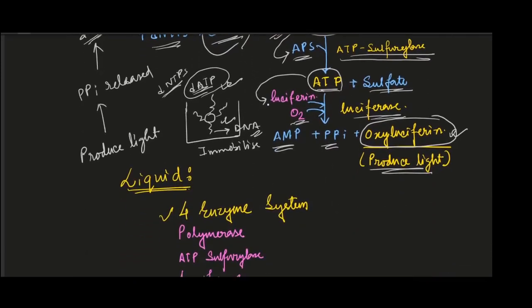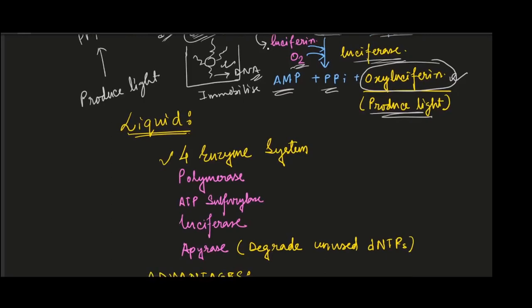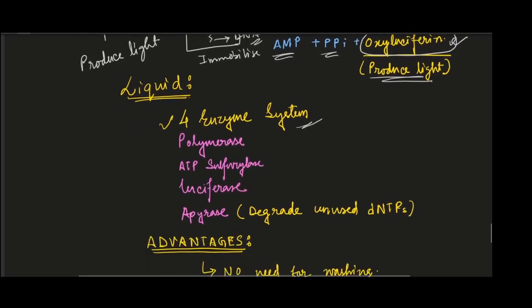Now let's see the liquid pyrosequencing. Liquid pyrosequencing is a four enzymatic system. In addition to those three, we have apyrase as an additional enzyme. So what does apyrase do? Apyrase degrades unused dNTPs.